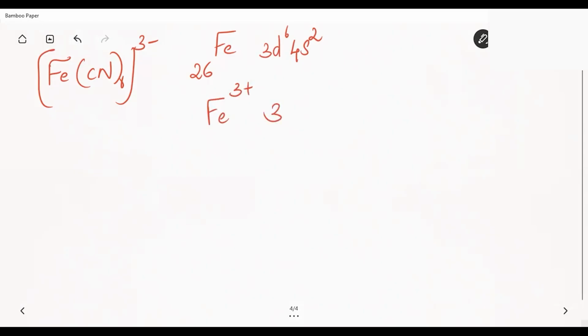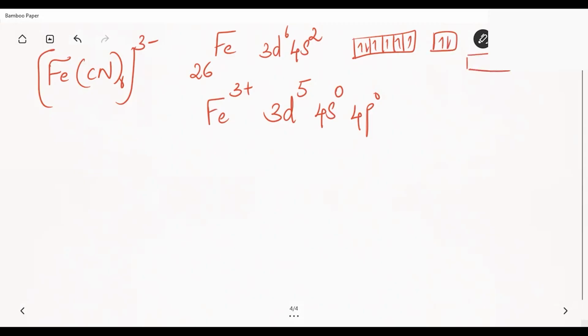That means it is 3d5, with 4s0 and 4p0. You can draw this as five 3d orbitals, then 4s and 4p. This is the Fe3+ ion.